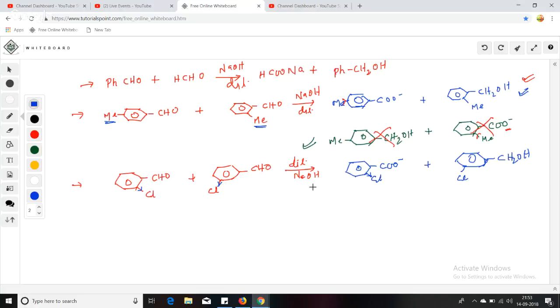Okay. Now, one more important example I'll just give you. Same concept is this. Suppose we have a ring with CHO and we have OH present at this position, with dilute NaOH.